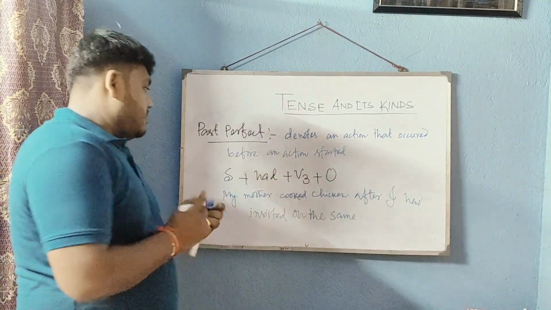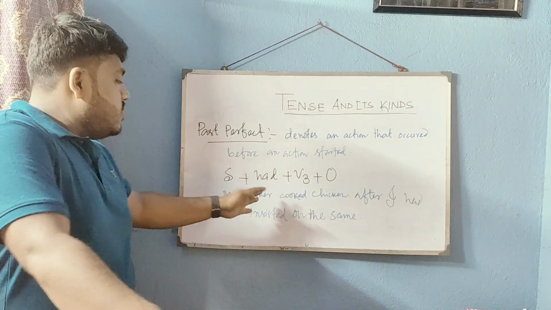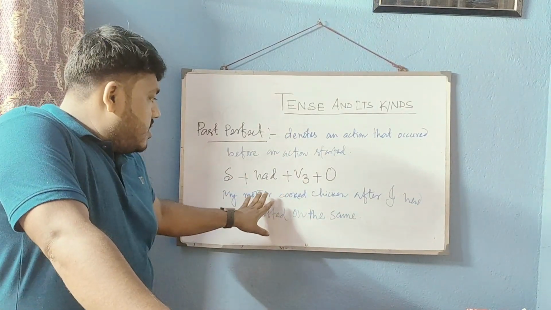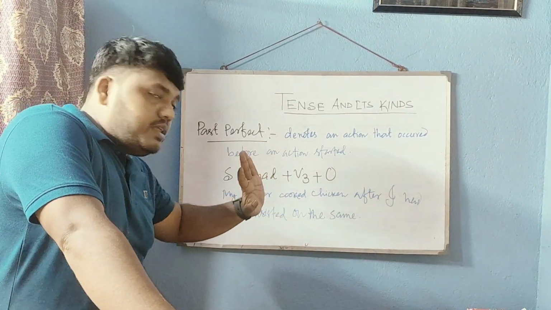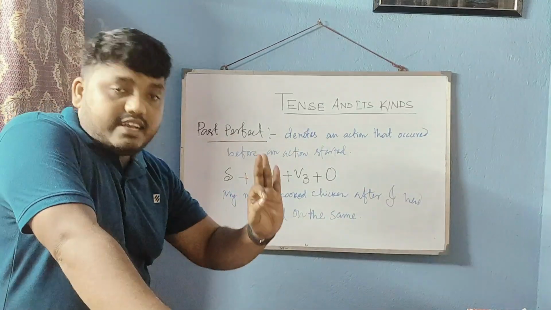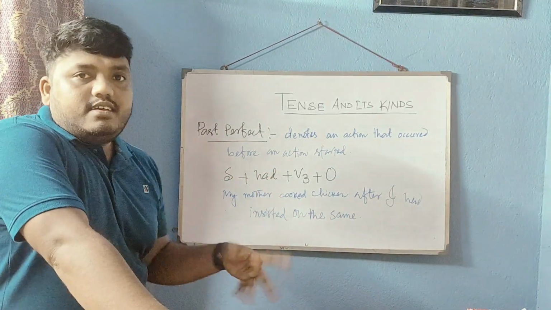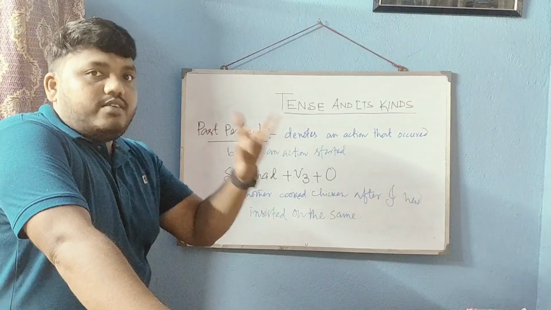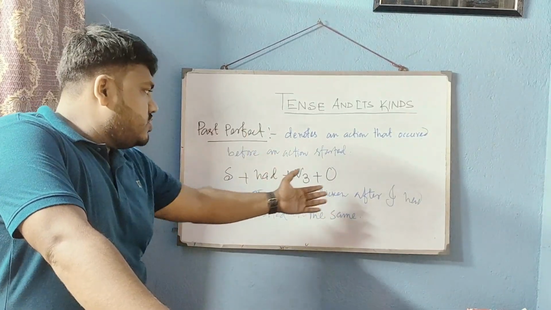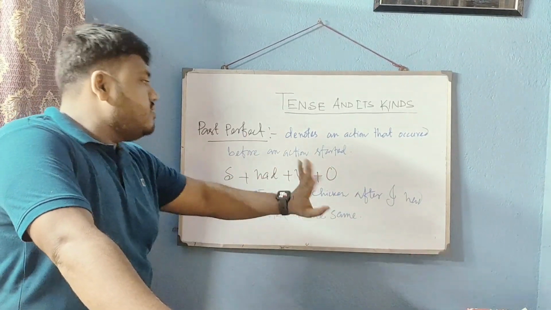So here, maybe the sentence starts with the past simple tense. But you have to understand the actions and their occurrence. My mother cooked chicken after I had insisted on the same.